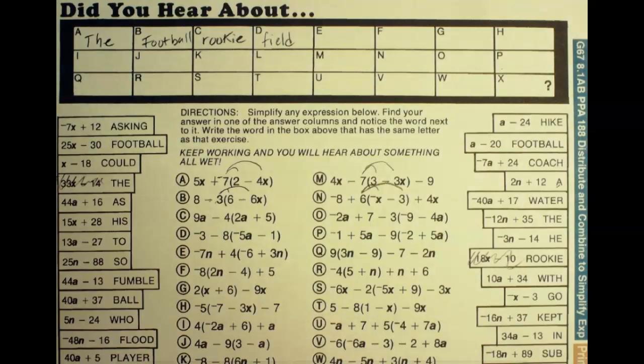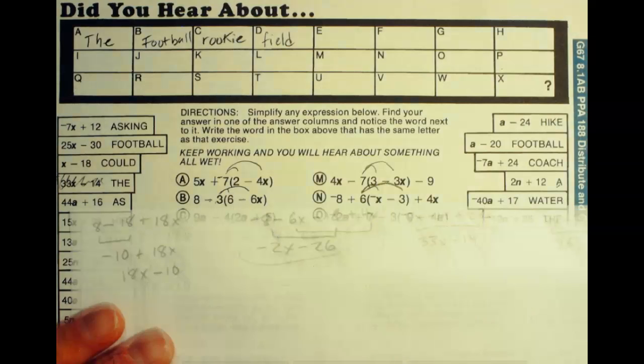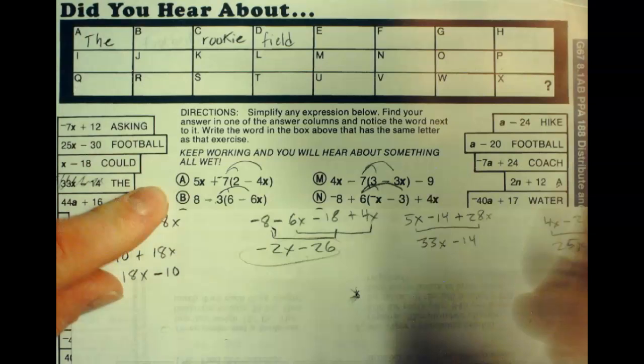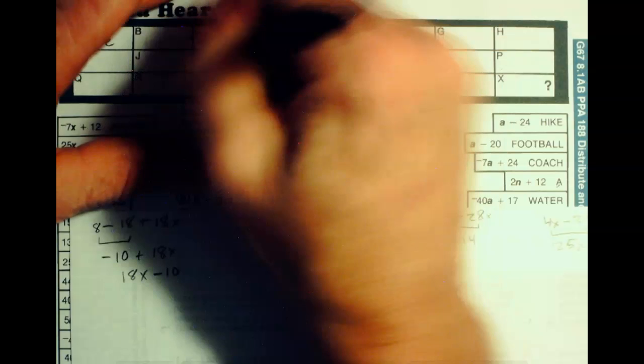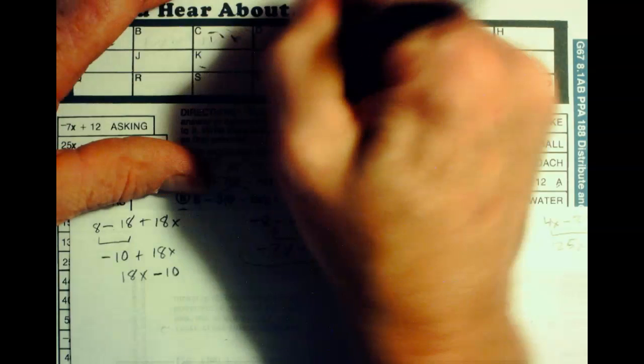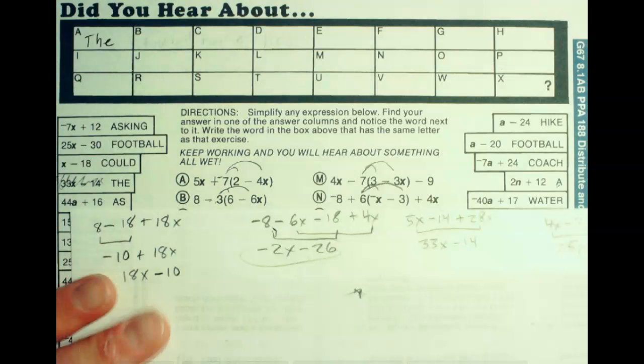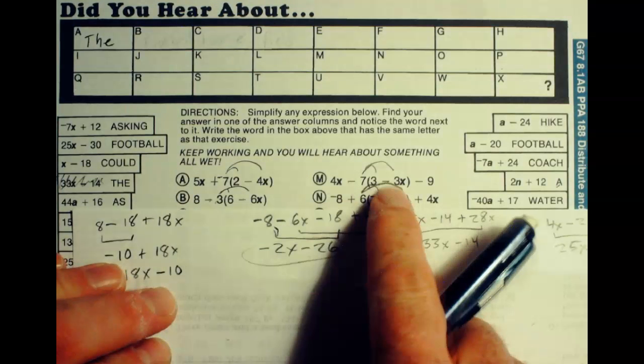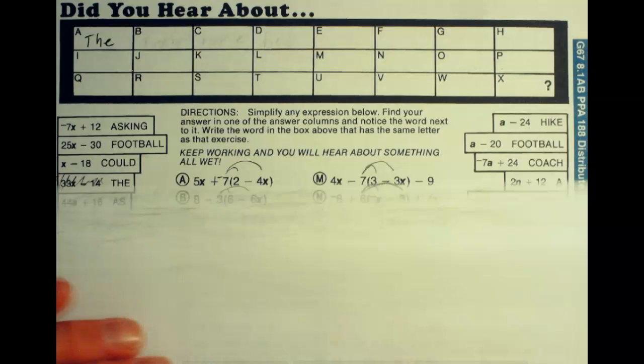Oh shoot, I put these in the wrong spot. I apologize. The first and the third will be right. Actually, none of them are. The first one is. Let's go back and fix that. So this one is M. Let's go back to my first one here.